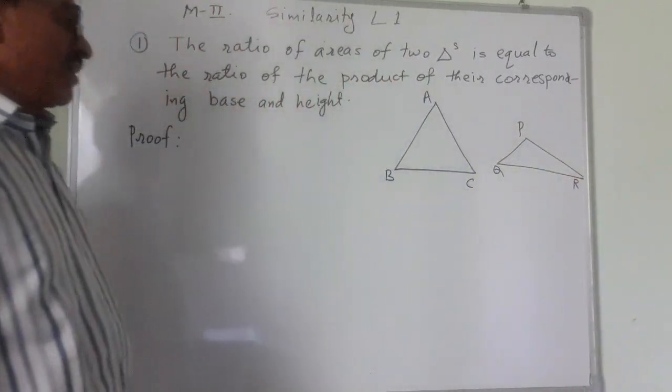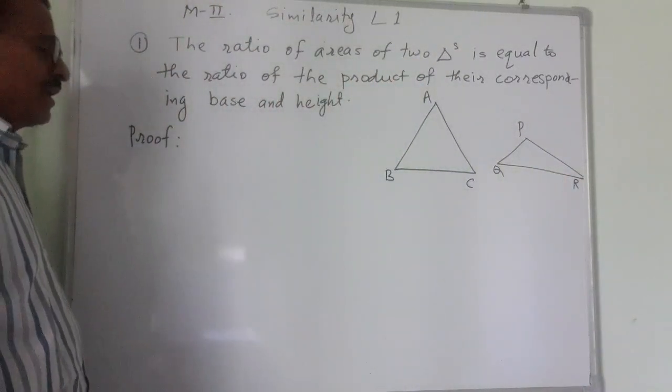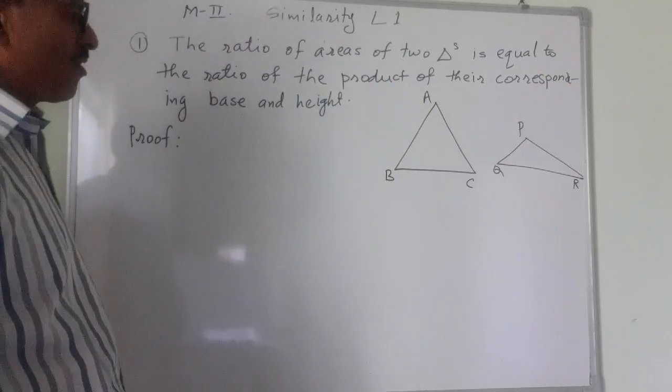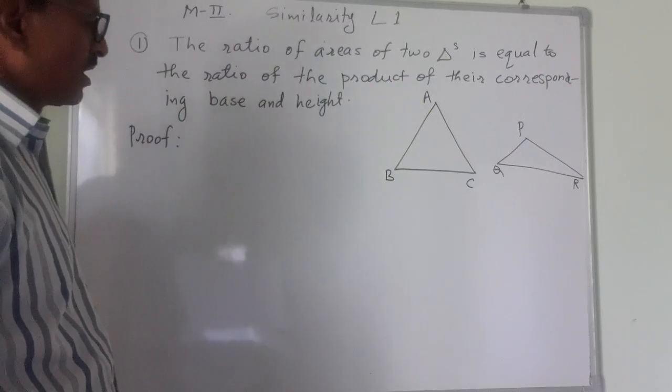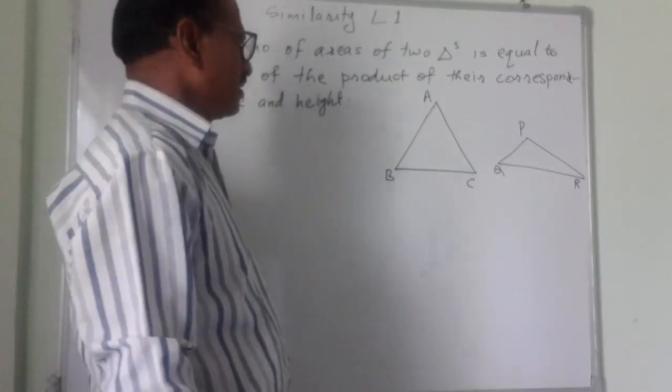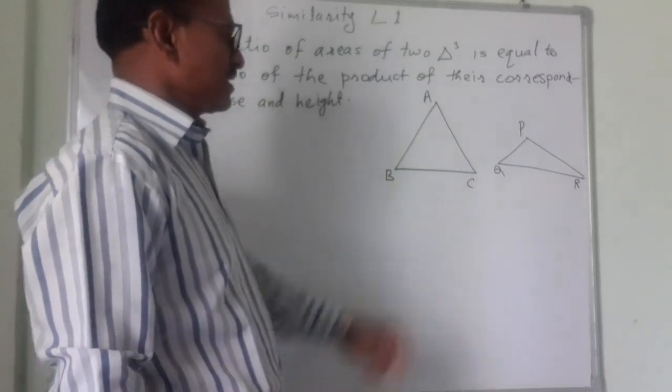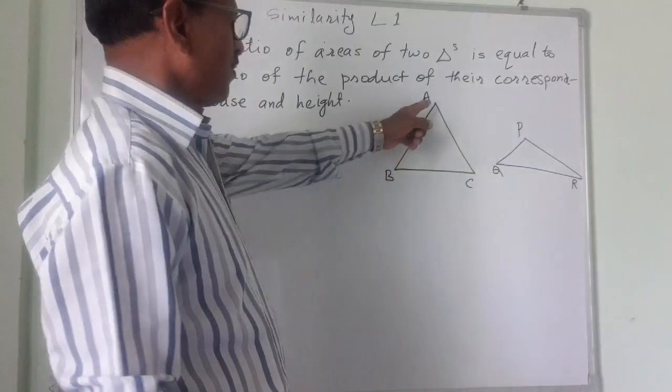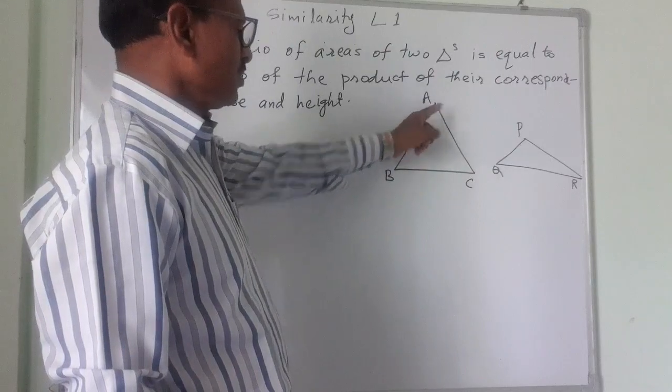If I want to find the ratio of the areas of two triangles, we need the base and the height. So suppose in this, the base is BC. Which will be the height? Draw a perpendicular from the opposite vertex.